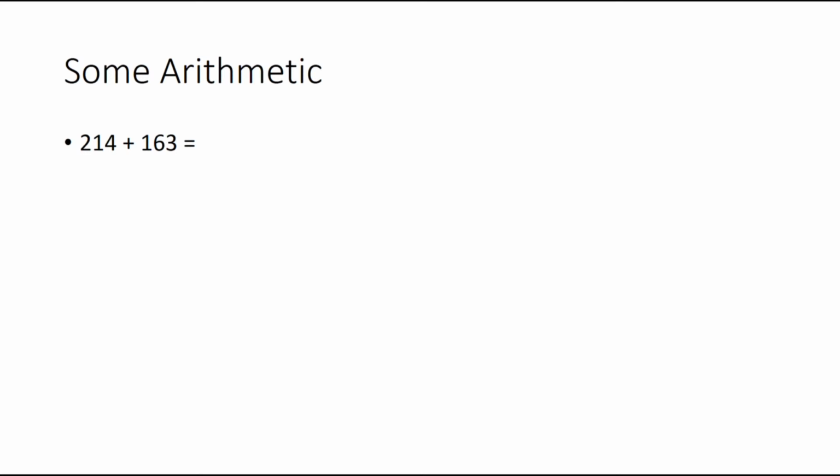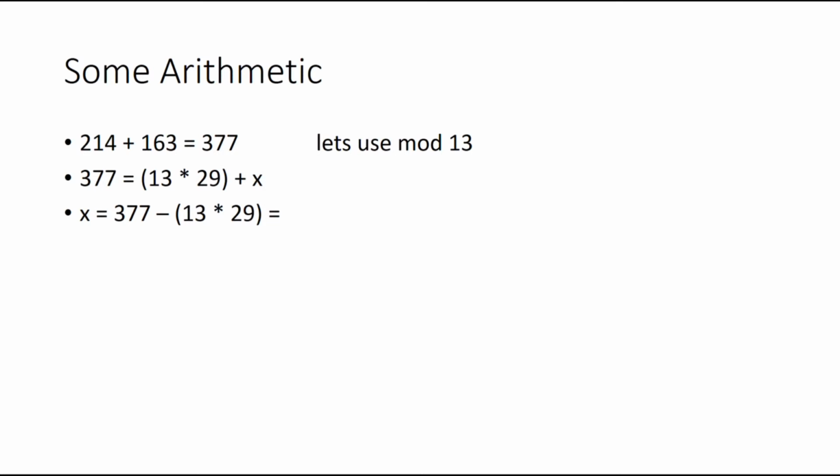Okay, so now you've got your feet wet. Let's do some arithmetic involving actual addition. So let's take 214 plus 163, and let's use mod 13. Now this will actually equal 377. Using the method from before, we'll just go through it slowly, and you'll find that it's 0.